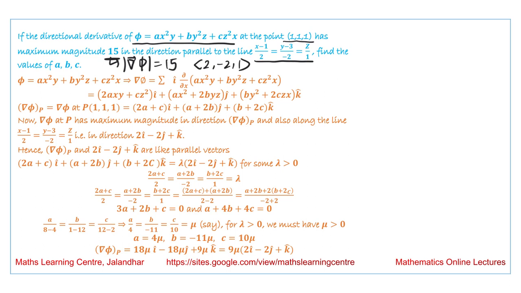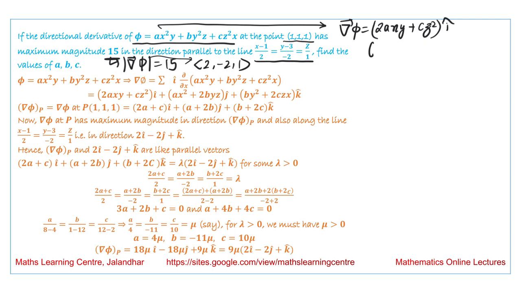This is the direction of the gradient. Find the values of A, B and C. If we calculate the gradient from this term, we get gradient of phi equal to 2axy plus cz square I cap.